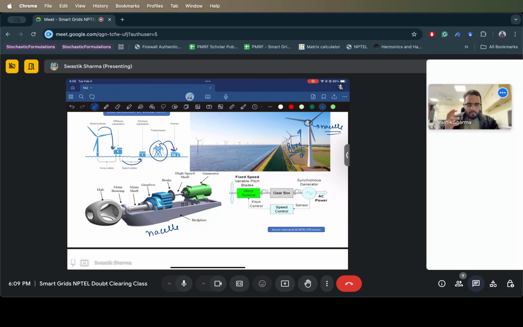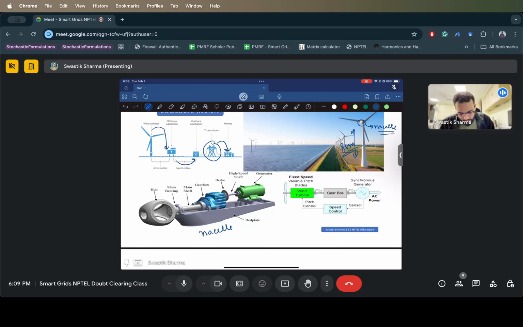Right, and then you have a main shaft. This is also called a low speed shaft. It's called main as well because it handles all kinds of mechanical stress that is there on your turbines, right? When your turbines rotate, a huge mass of wind falls onto their blades.